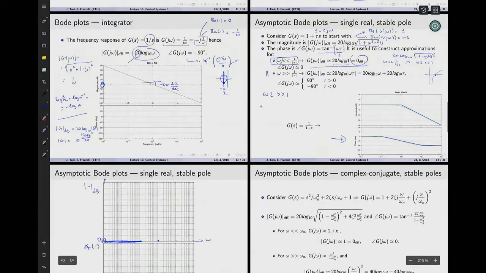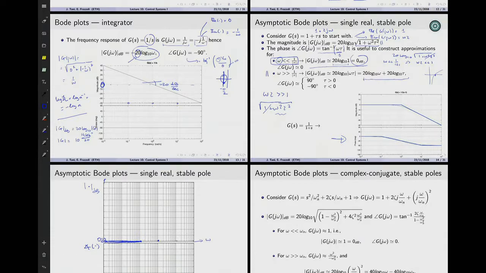If omega tau is much, much bigger than 1, then when we look at the magnitude, we can neglect 1 with respect to that term, because it's much smaller. So we can approximate the magnitude at very high frequencies as 20 times the logarithm of omega tau, which can be broken down as the sum of these two terms. Now, what does it tell us?